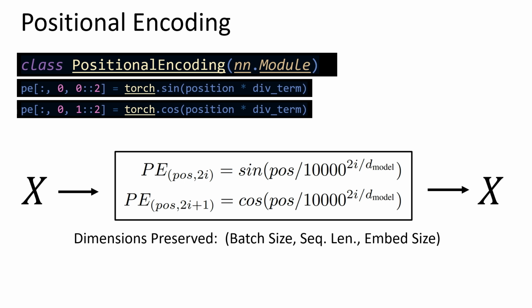After performing the embedding step, we can then pass this to the PyTorch positional encoding class. I won't speak too much to the details of how this is implemented because they implemented exactly what's in the Attention is All You Need paper, and I just imported their implementation. But I think it's important to mention that the dimensions of our data are preserved throughout this operation.